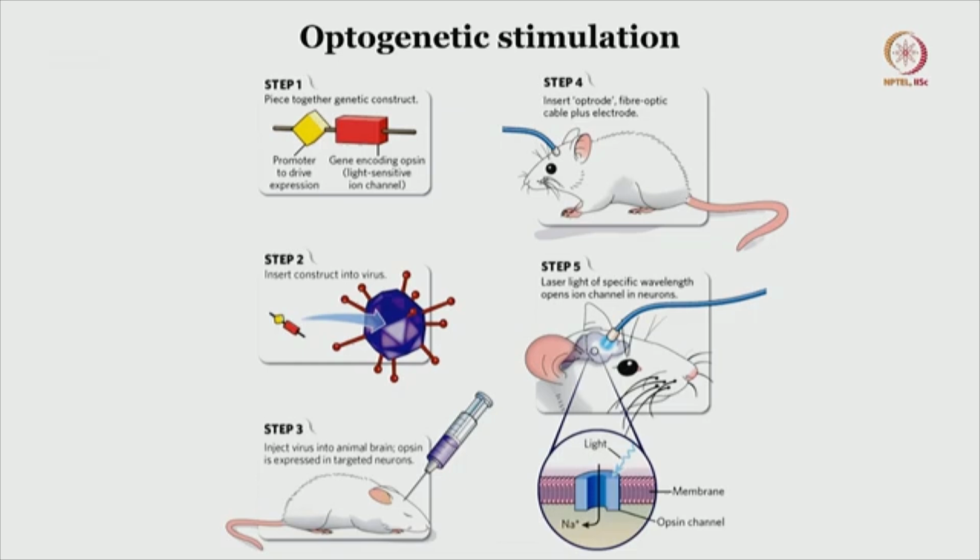That is the idea in brief. So in order to get that area to encode this particular channel, channelrhodopsin is one example wherein the gene expresses the fluorescence when the opsin channel opens up.